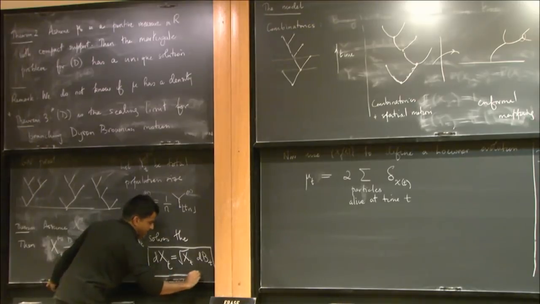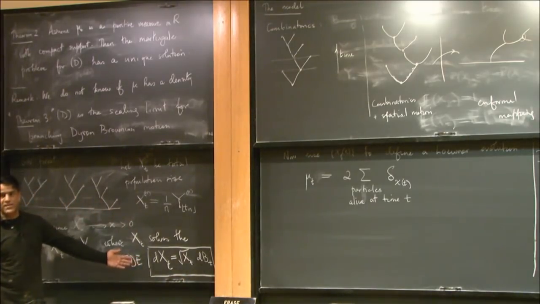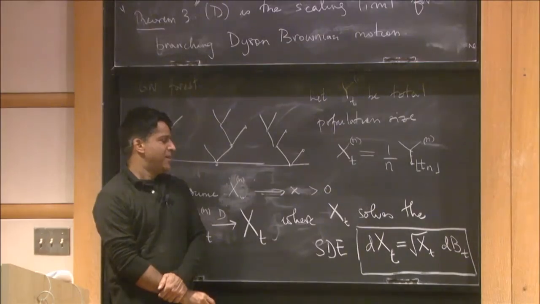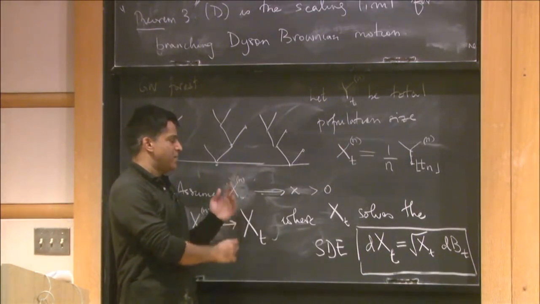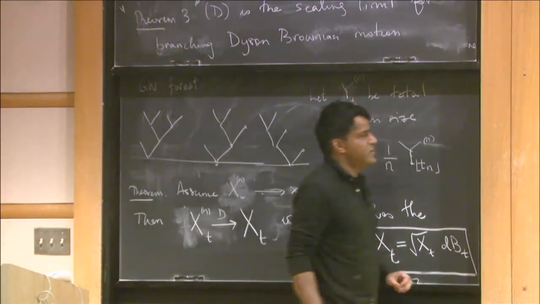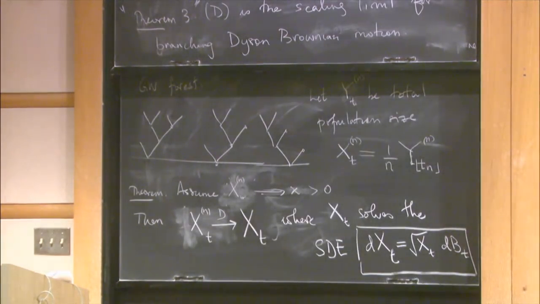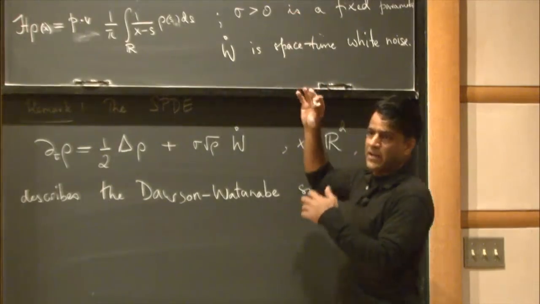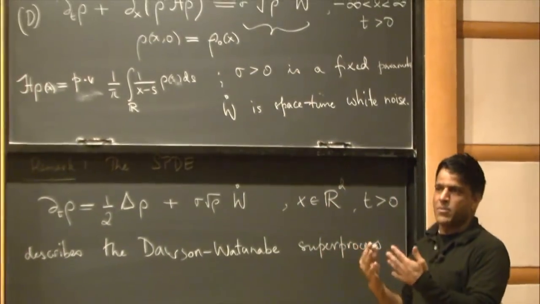this SDE. This SDE describes the Feller diffusion, and this is one of the first scaling limits that was established for branching processes. This square root is the term that you get only from the branching.